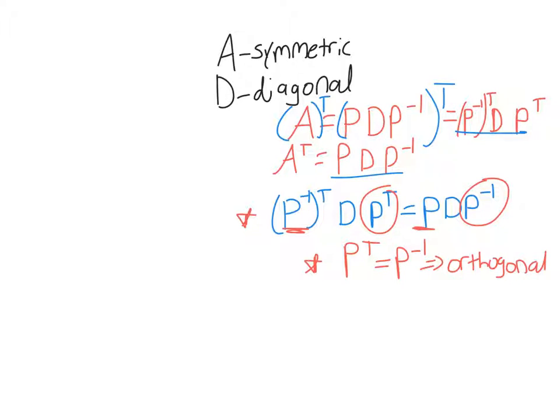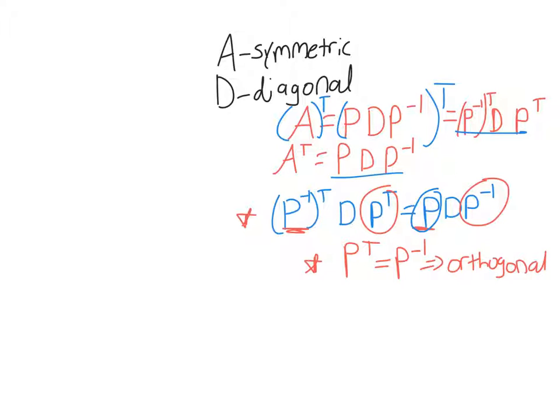and they're always diagonalizable by an orthogonal matrix. So remember, as I showed in a previous video, this matrix here, P, is the matrix of eigenvectors of the original matrix A. So if P is orthogonal, we saw a few videos ago that means each of its columns is orthogonal to every other column.